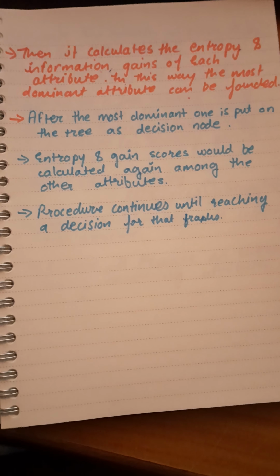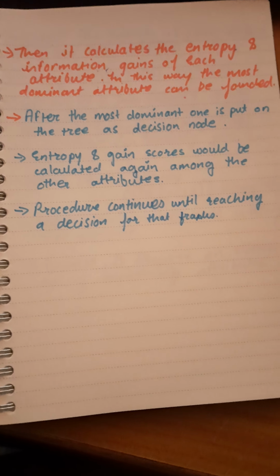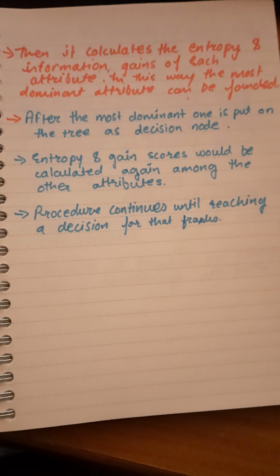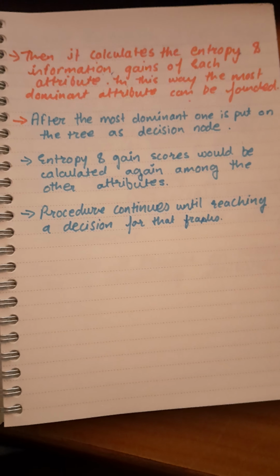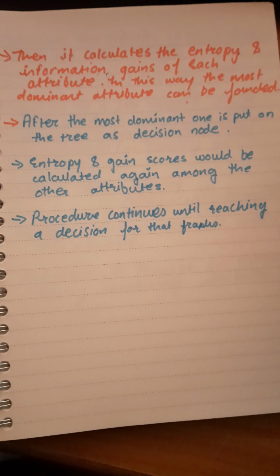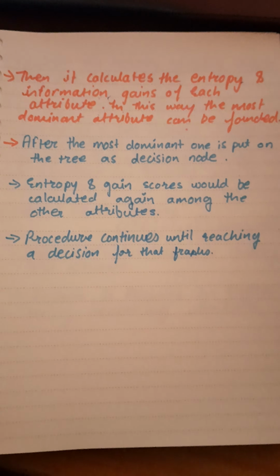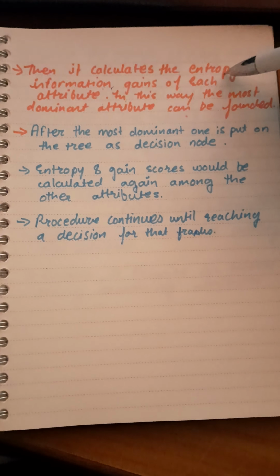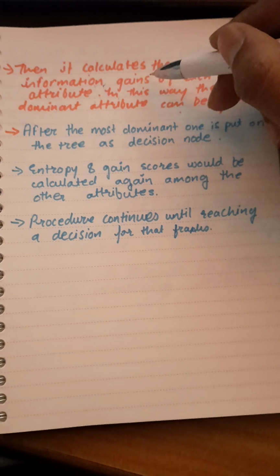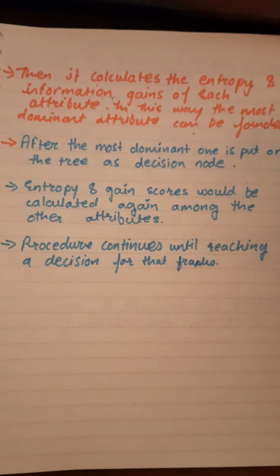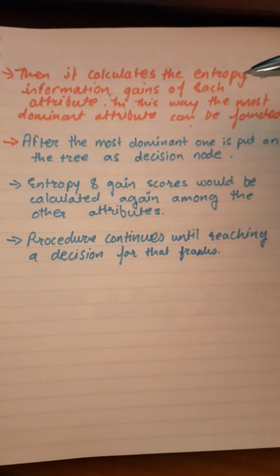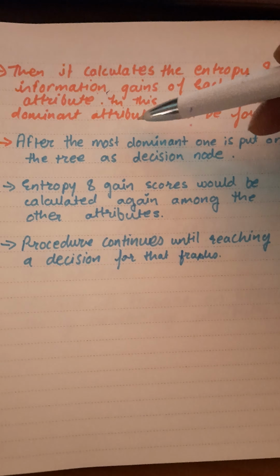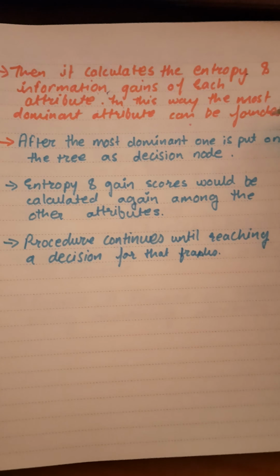Are we going on a sunny day or on a rainy day? It will calculate on which day we have to go, and it will give you the results. So for each attribute you have to find the entropy value and the gain value. I'll explain that later by taking the formulas. In this way the most dominant attribute can be found.